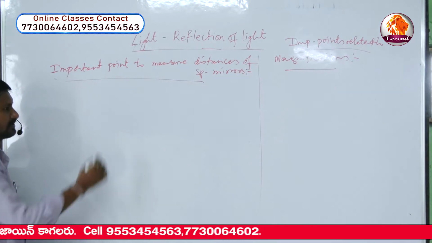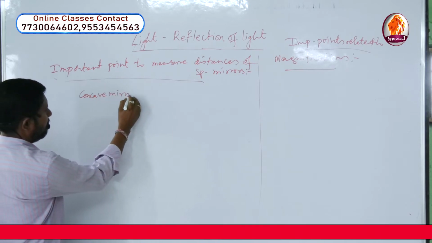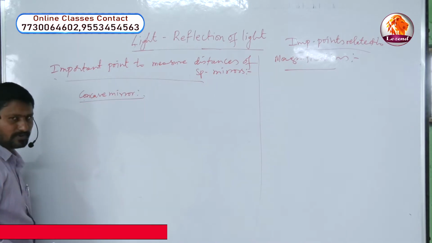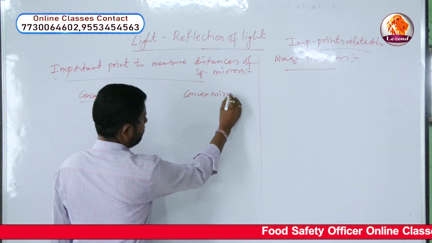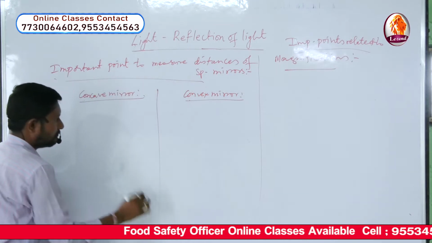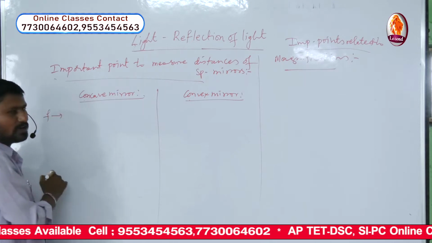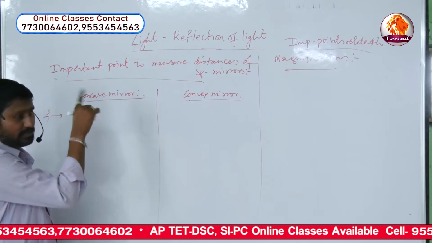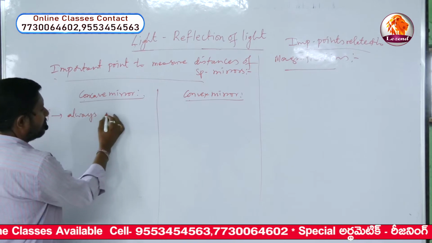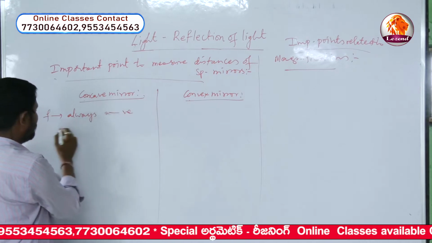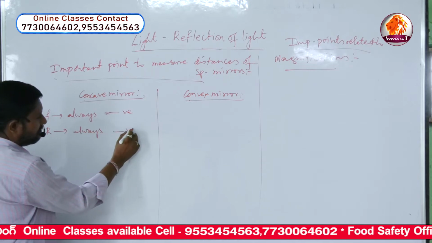First, for a concave mirror, and next we go for convex mirror. The focal length of a concave mirror is always negative according to sign convention, and the radius of curvature of a concave mirror is always negative.